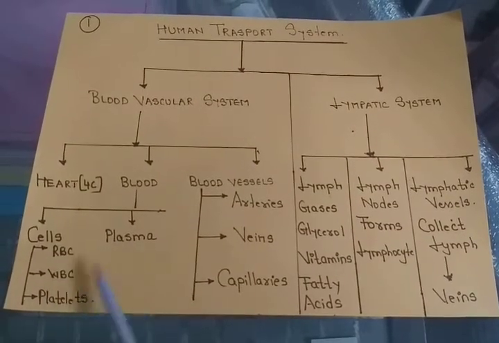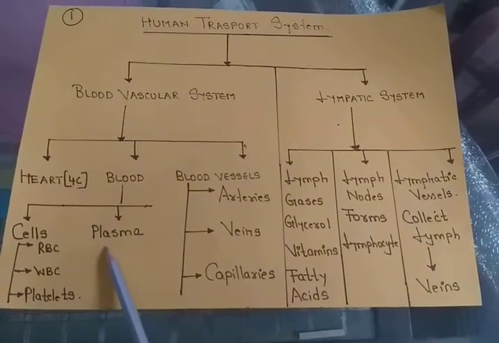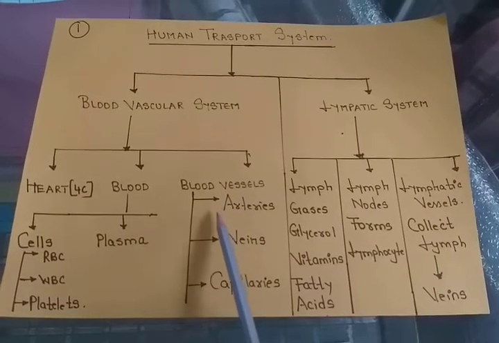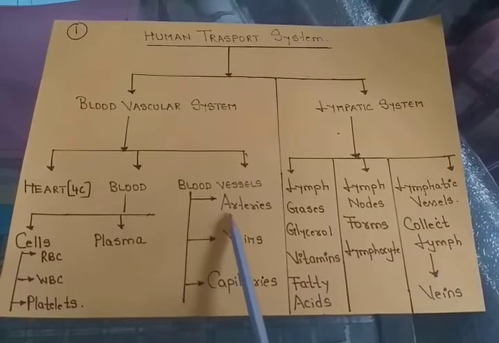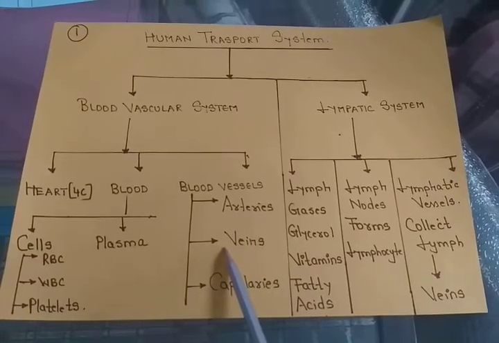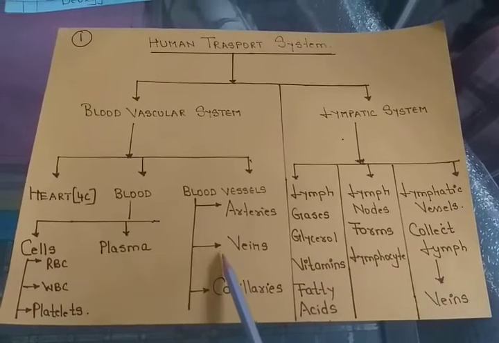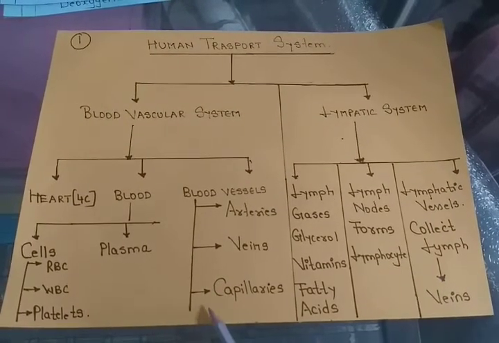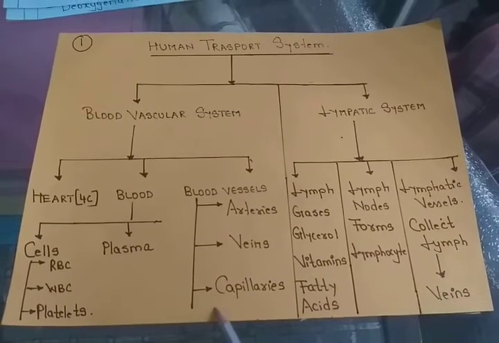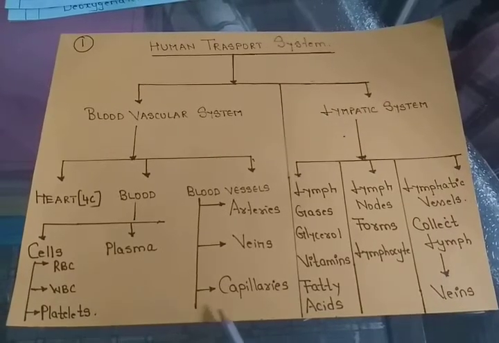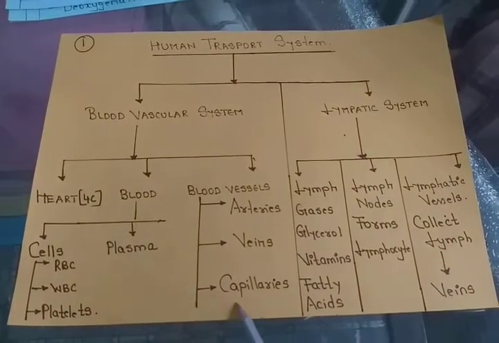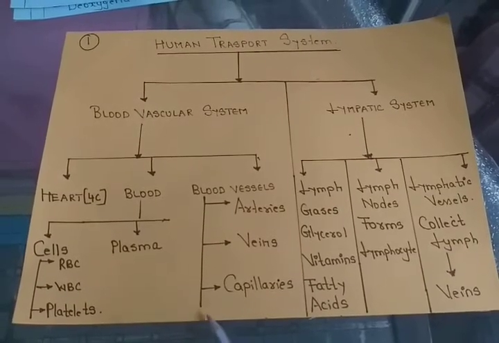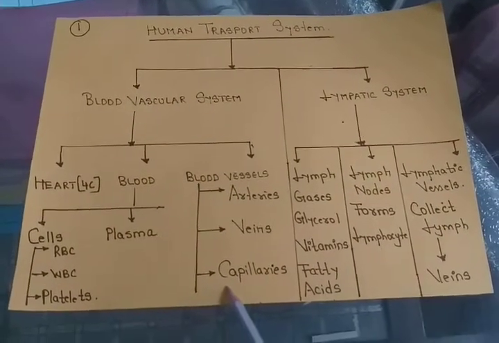Actually, the cells are suspended within the plasma. Okay, then the blood vessels: arteries, which carry blood from the heart to different parts of the body, veins, which bring the blood from the body tissue to the heart, and capillaries, across which the arteries and veins exchange the blood; exchange of gases, exchange of pigments occur across the capillaries.